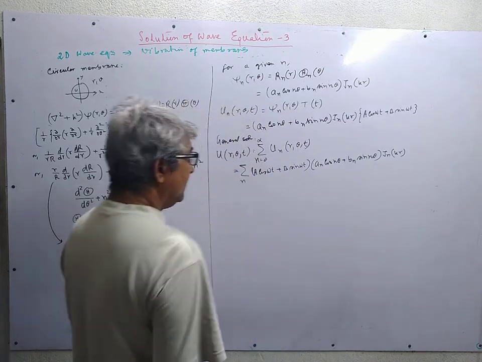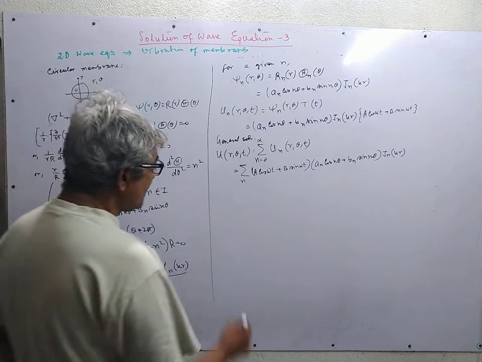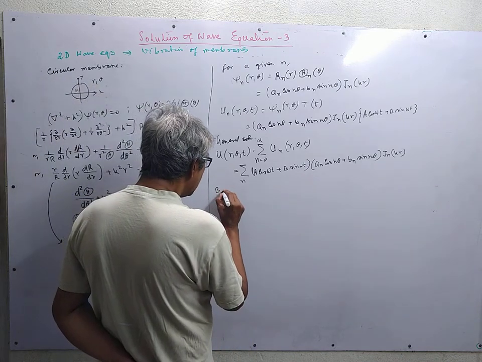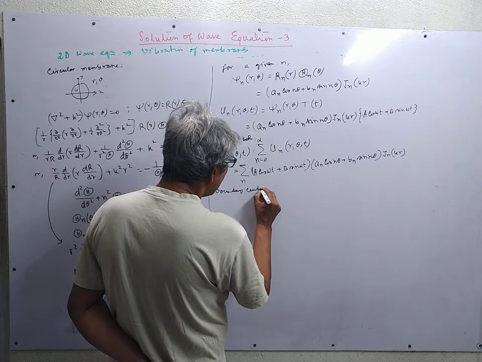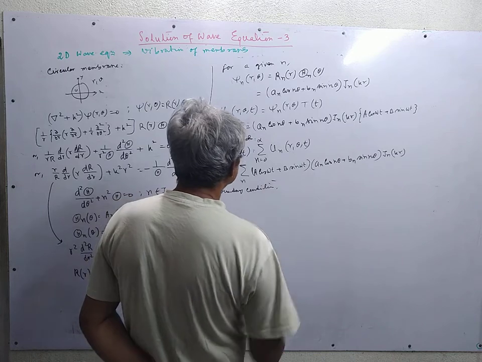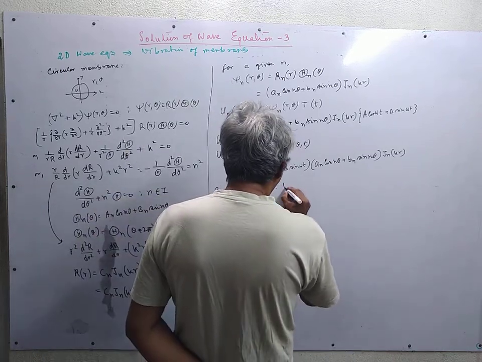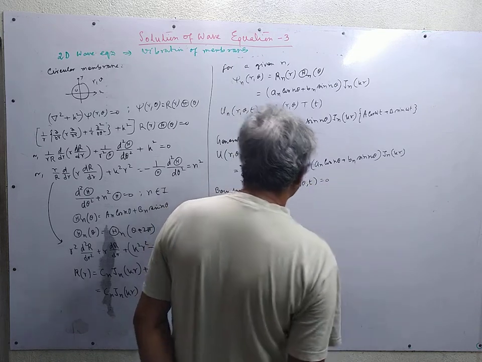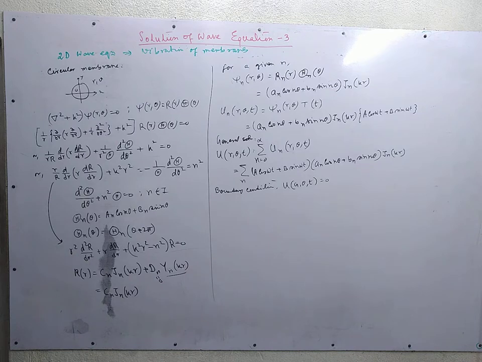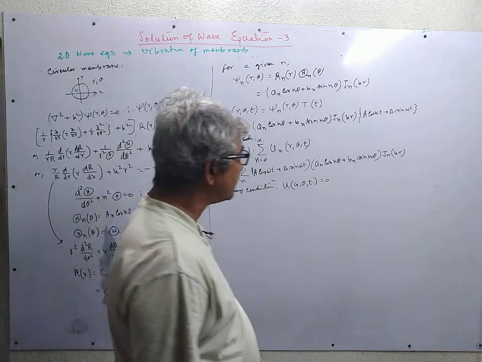Now the boundary condition. The boundary condition is that u(a,θ,t) = 0 always. That is, the circular membrane is fixed along its rim, so the displacement is 0 over the circumference of the ring, for all values of θ and t.